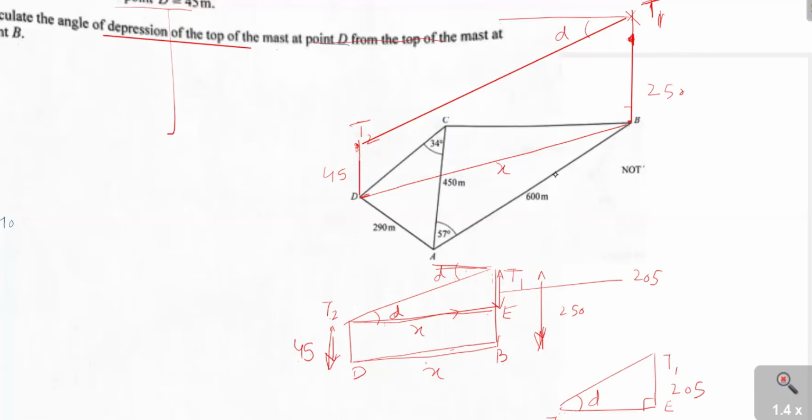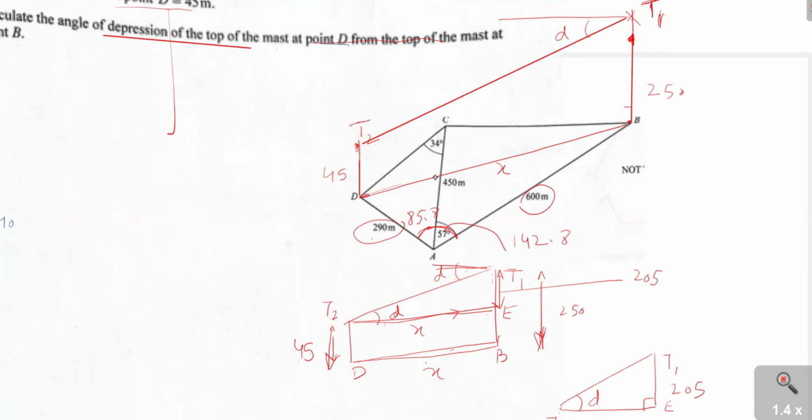We can calculate this length by using the cosine rule because here two sides 600 and 290 are given, and this angle we have already proved is 85.8. And this total angle will be equal to 142.8. Here two sides and the angle between them are given.